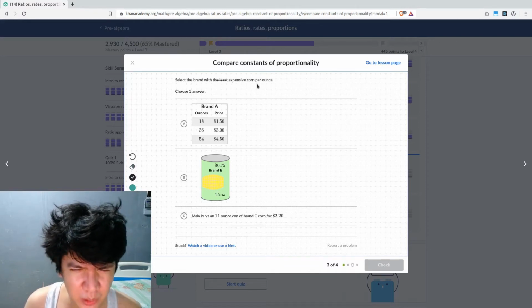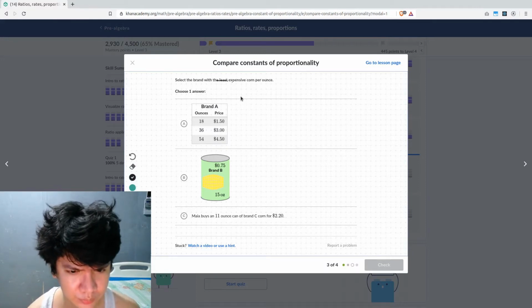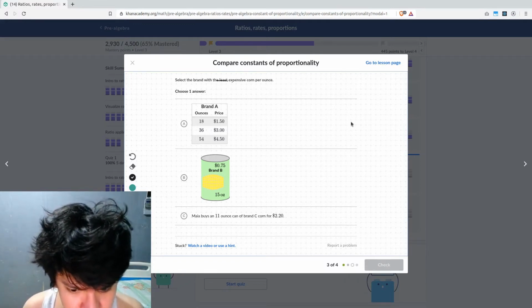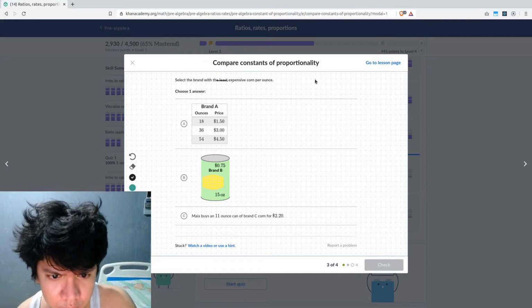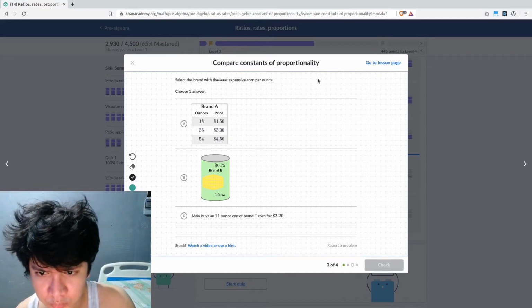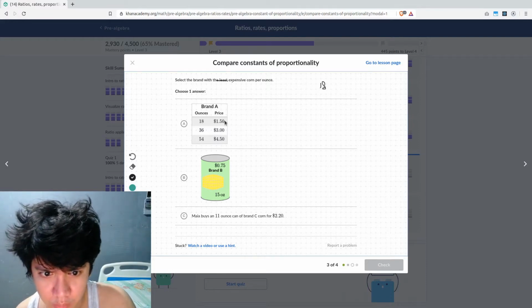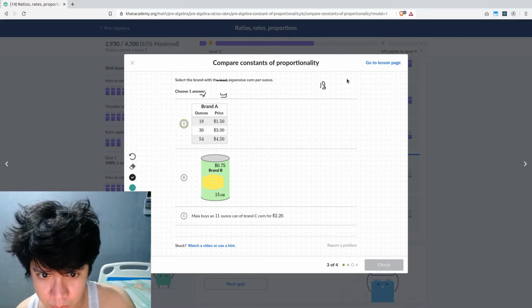Least expensive corn per ounce. So we have like this is, I guess, x and y. So we have 1.5.